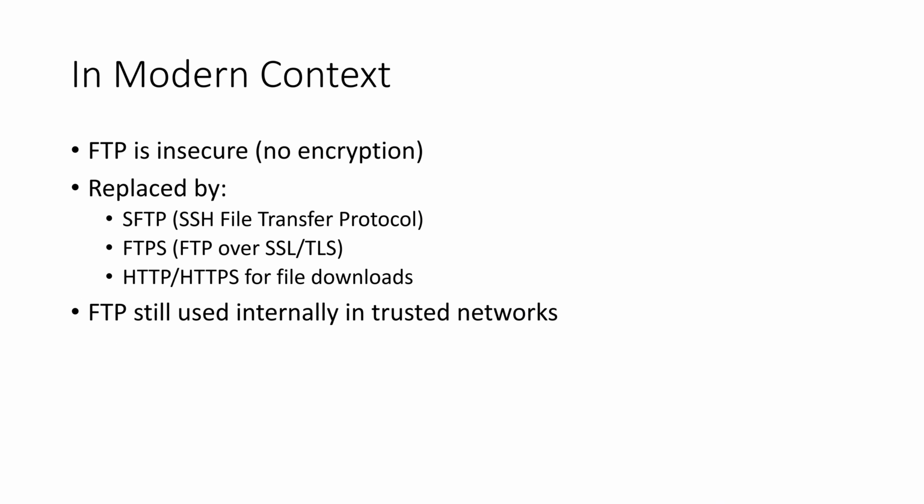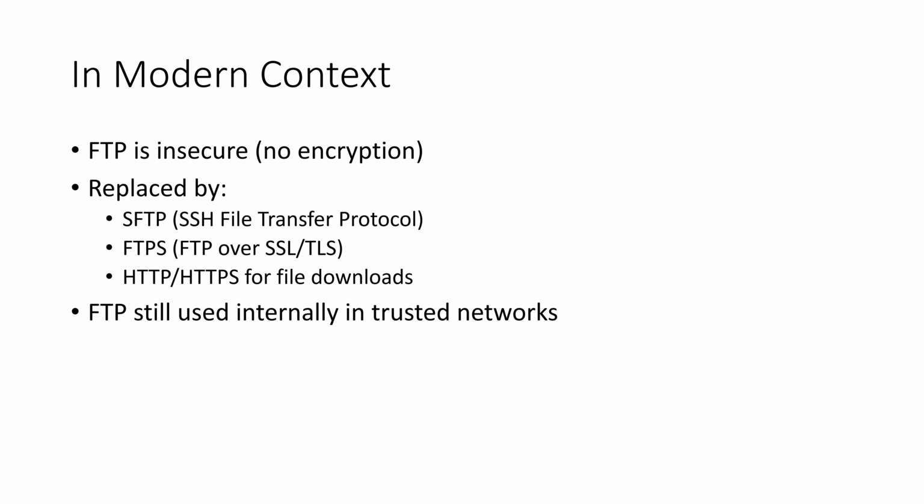While FTP was once the backbone of file transfers, it has several limitations, primarily its lack of encryption. Both the login credentials and the files are sent in plain text. So, modern alternatives include SFTP, a secure version that uses SSH, and FTPS, that is FTP over SSL or TLS for encrypted connections.